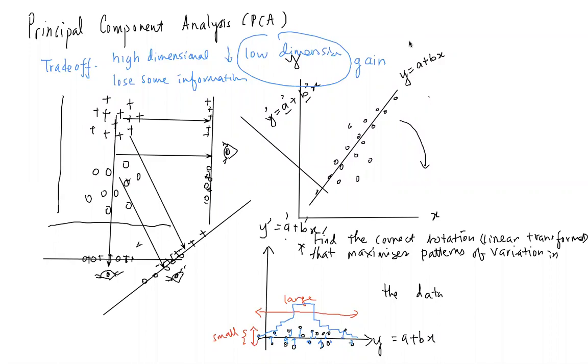Okay, so I have some questions. To do PCA, is it necessary to make the data uncorrelated? No. In fact, PCA can compress your correlated data into uncorrelated variables.